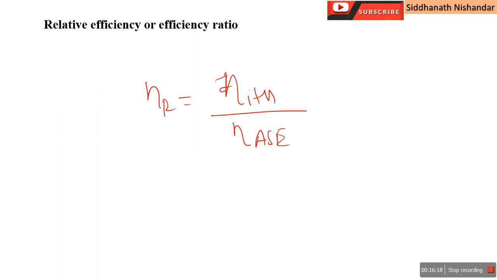Okay, that is the relative efficiency. That efficiency is usually in the range 0.6 to 0.8. Okay, this is the standard efficiency. The ASE is the standard efficiency, and we compare it with the indicated thermal efficiency; that is the relative efficiency.